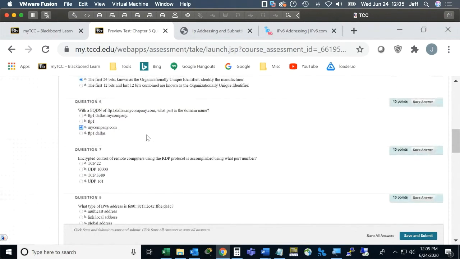And just as an FYI, the actual host name would be ftp1, and then Dallas is an organizational unit or something like that, depending on what book and who you're talking to. But I would go with organizational unit. Encrypted control of remote computers using the RDP protocol is accomplished using what port? What port number does RDP use?